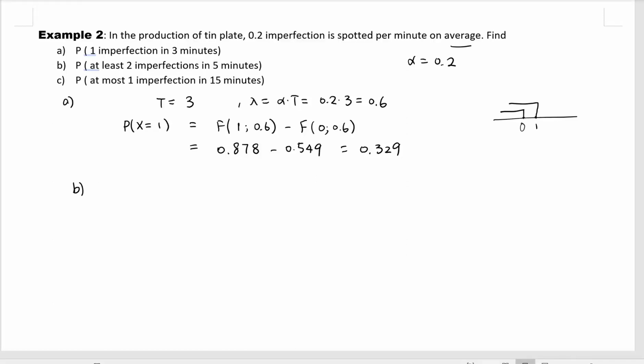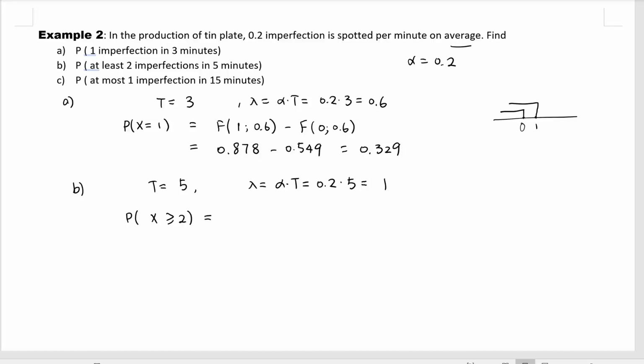Okay, part B. At least 2 imperfections in 5 minutes. So T is 5. Lambda is alpha times T, which is 0.2 times 5. What is that? Yeah, that's 1. Okay. So P(X at least 2) is greater than or equal to 2.